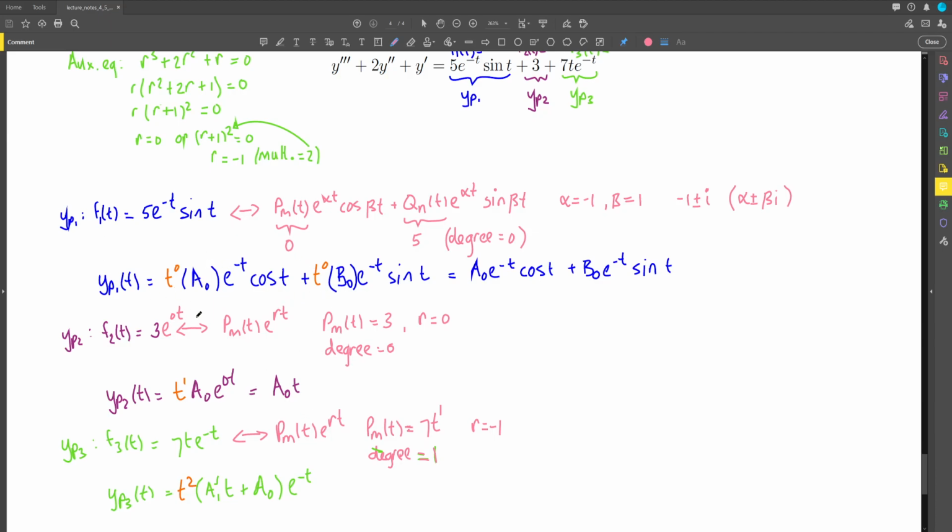And then the final particular solution is the sum of these three parts. Let's simplify this part right here before we do that. If we distribute the t squared, this gives us a1t cubed plus a naught t squared, all times e to the power negative t.